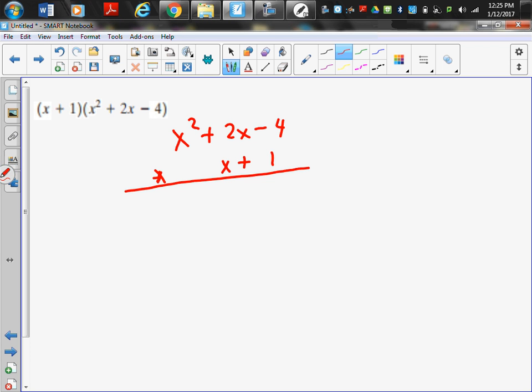All right. So I'm going to start off with my first piece.